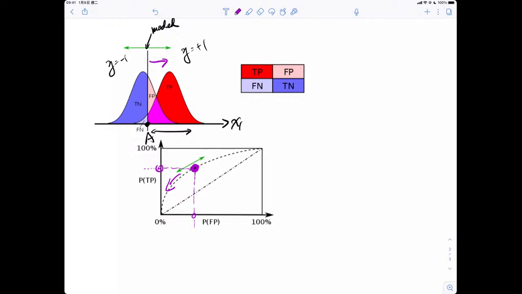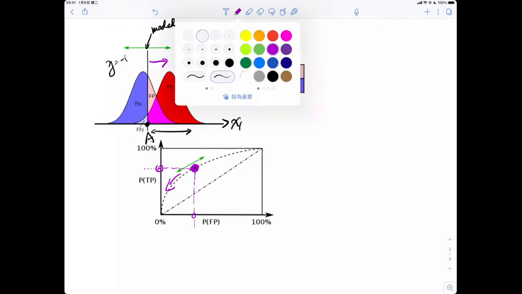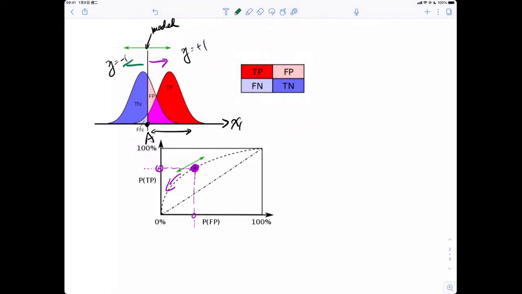If you move your model to the left hand side, you increase your true positive rate but decrease your true negative rate, so your model goes this way, which is in green color. So it really depends on your application.